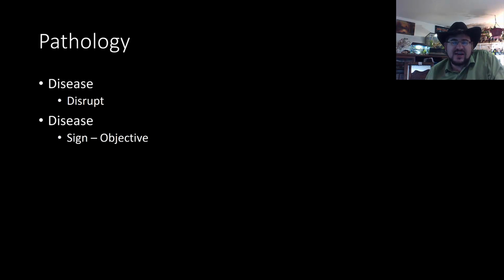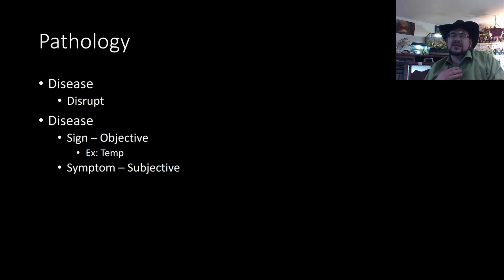These are all objective, measurable signs. Symptoms are subjective. Objective is measured by the doctor. Subjective is reported by the patient. I'm tired. I'm woozy. I have a general sense of malaise. One of my favorite genuine medical symptoms is called doom.